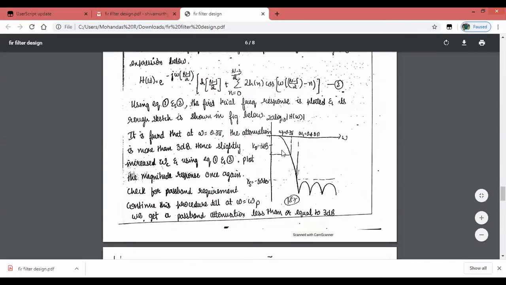We can see here the frequency response curve, and at omega p at 0.35 pi, my kp is equal to minus 3 dB.